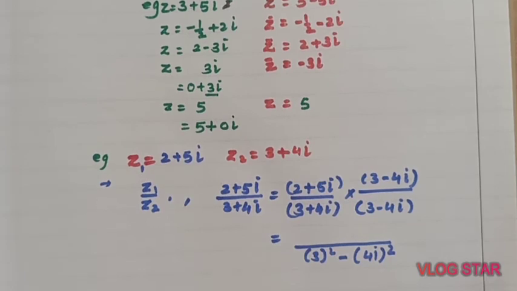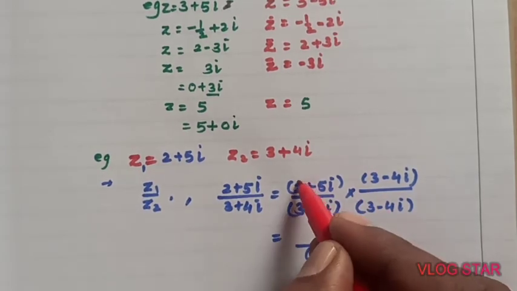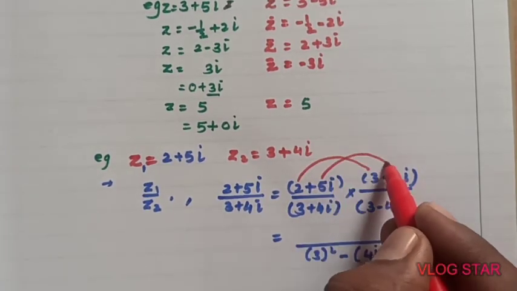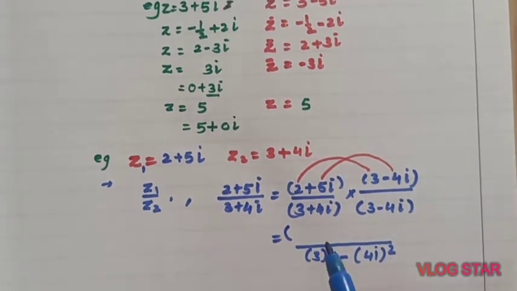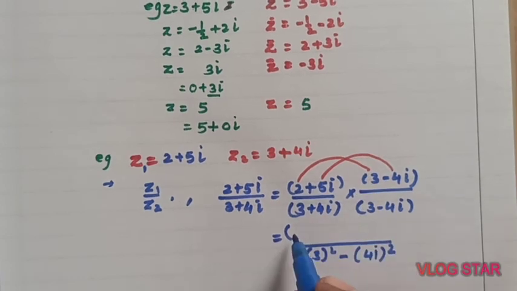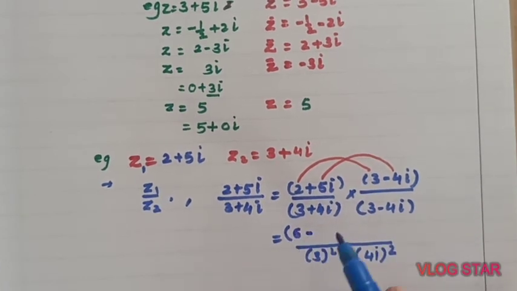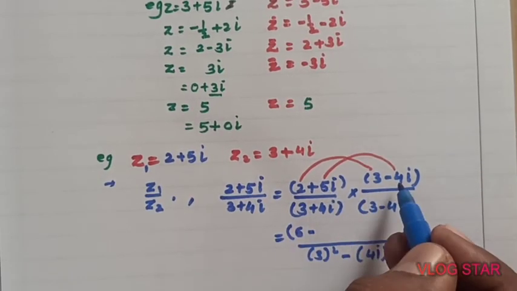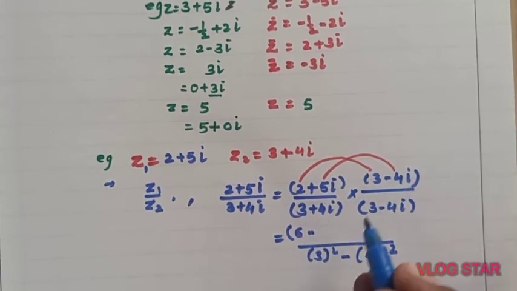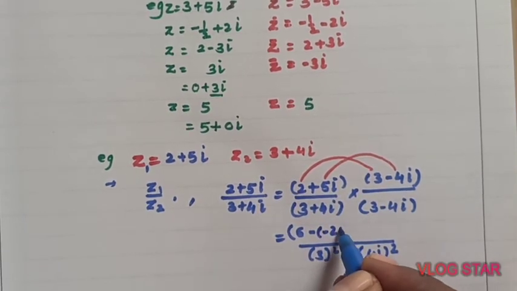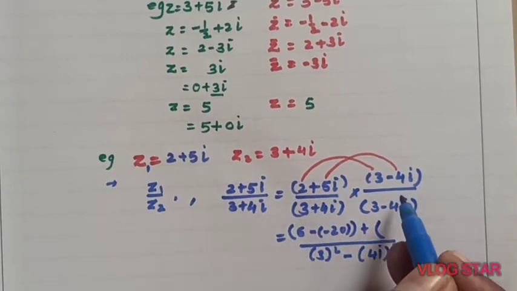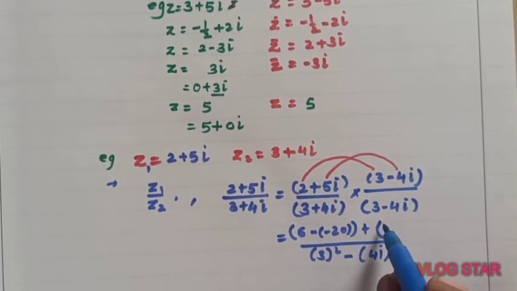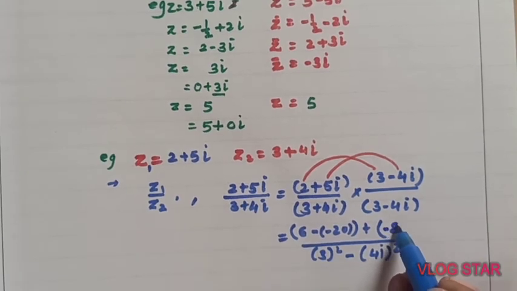And for the numerator, apply the product rule. This rule says for the real part: real into real, imaginary into imaginary. For the first bracket we will do it orally. 2 3s are 6. By rule subtraction, 5 into 4, 5 4s are 20, negative 20. Plus the imaginary part, the downside: 2 4s are minus 8.